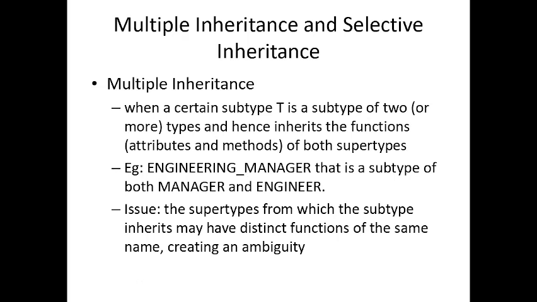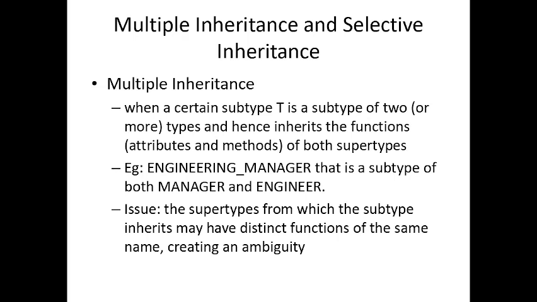One problem that can occur with multiple inheritance is that the supertypes from which the subtype inherits may have distinct functions of the same name, creating an ambiguity. For example, both manager and engineer may have a function called salary. If the salary function is implemented by different methods in the manager and engineer supertypes, an ambiguity exists as to which of the two is inherited by the subtype engineering manager.